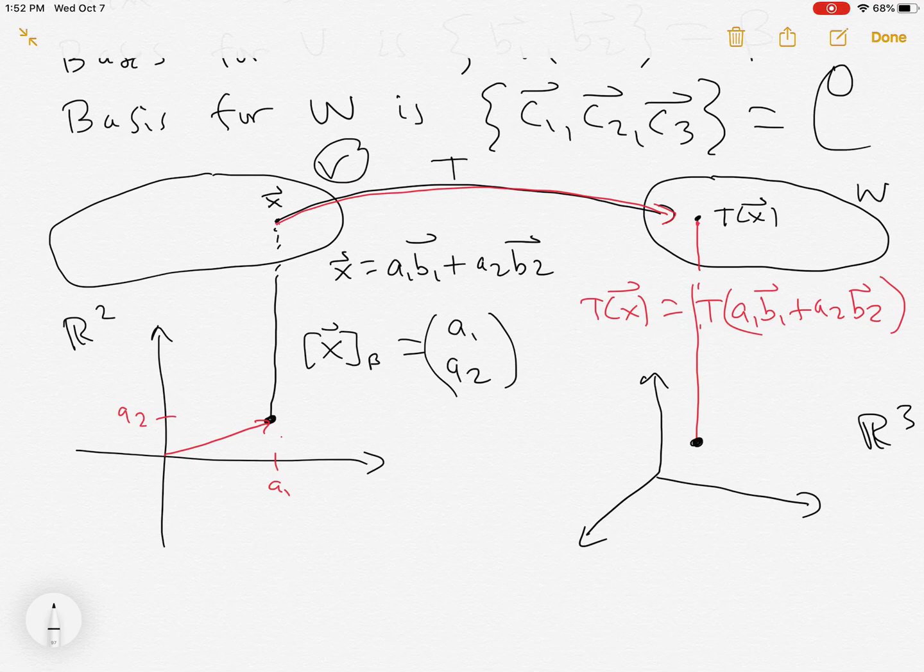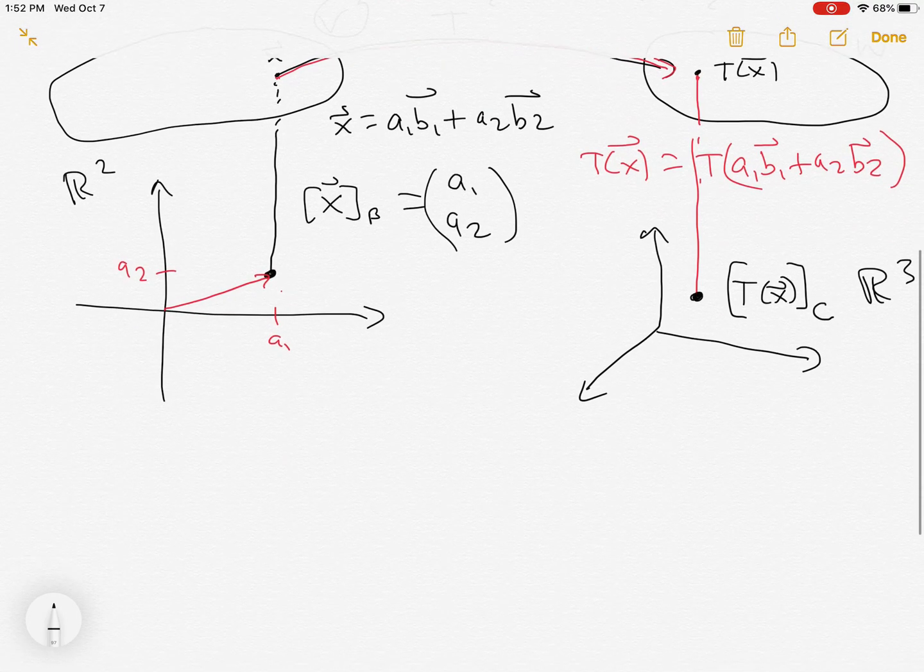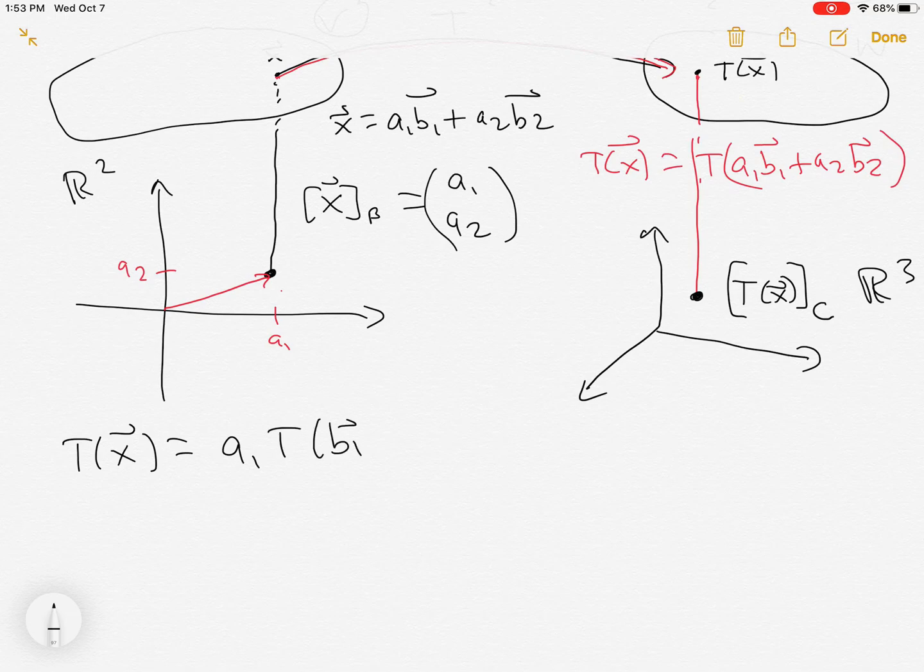So this turns out to be the coordinate vector of T of x with respect to the C basis. Let's unravel all of this. T of x equals a1 T of b1, because T is linear, plus a2 T of b2.